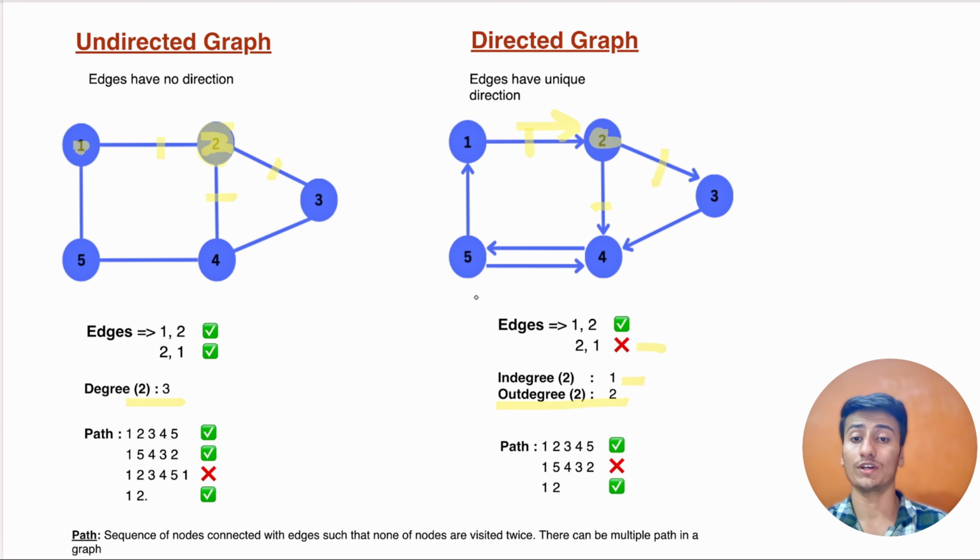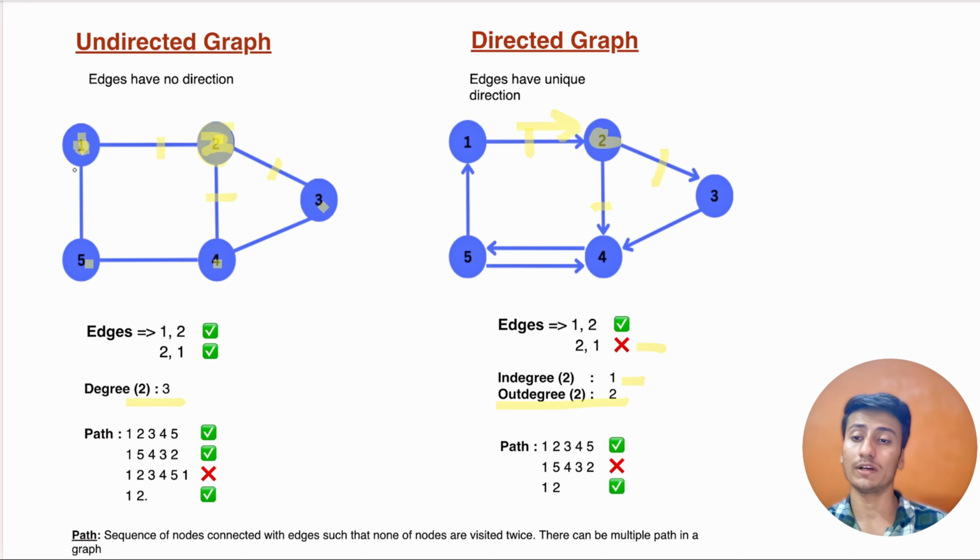Now let's see what is a path in a graph. A path in a graph can be defined if we visit each node and none of the nodes are visited twice. That is called a path. There can be multiple paths in a graph. For example, in this example, I can go from 1, 2, 3, 4, 5.